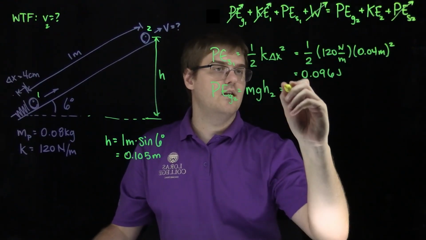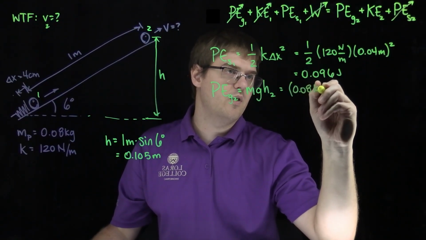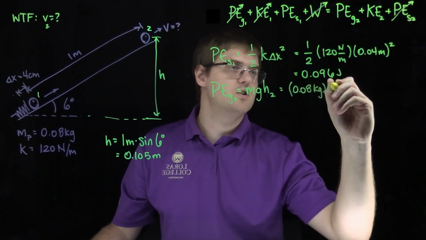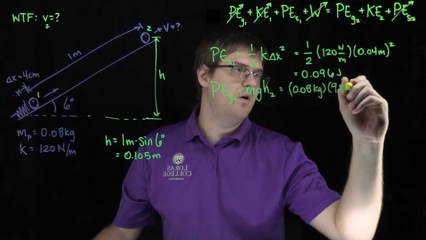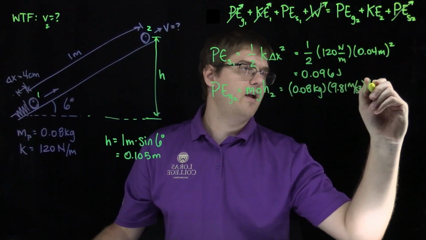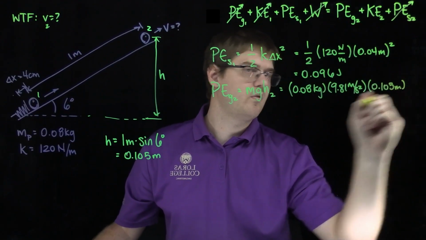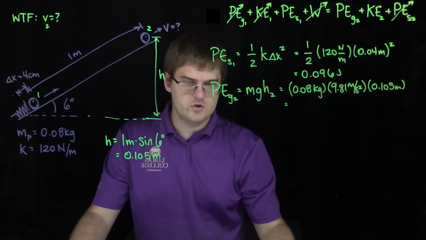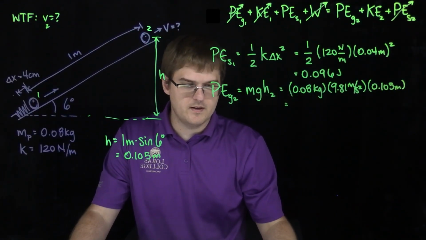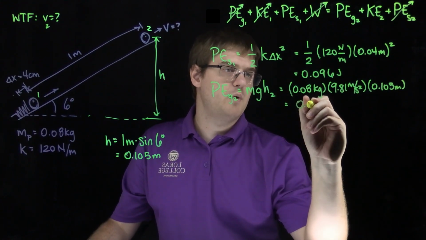My mass is 0.08 kilograms. The gravitational constant is 9.81 meters per second squared. And my height is 0.105 meters. That should all multiply together to give me a total change in my potential energy.